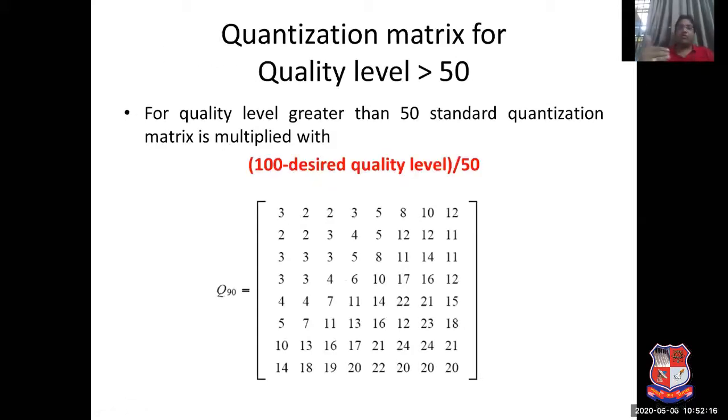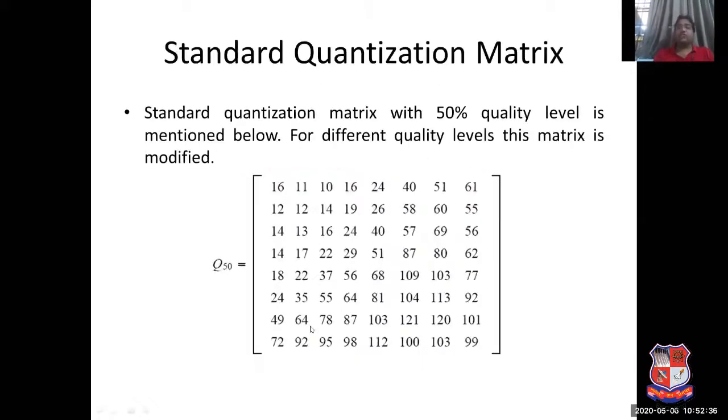Now, if you want a quality factor greater than 50, then you simply have to do this: 100 minus the desired quality level. Let's say if I want 51, 52, 53 or 100, this is what you need to do. If your quality level is, let's say, 99, then 100 minus 99, divided by 50. You apply this to the original quality matrix.